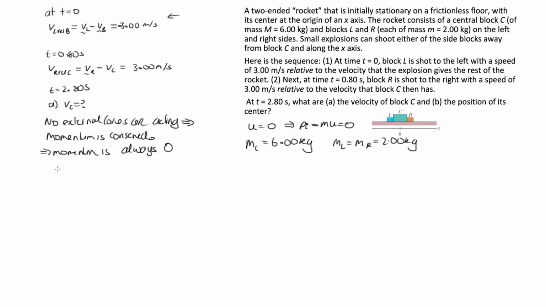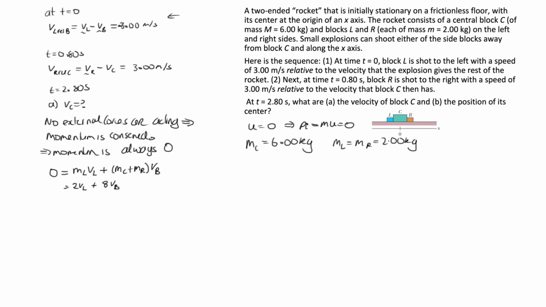Okay, so let's consider this first explosion where we had the one on the left separate from the other two blocks. So we know that 0, that's the initial momentum, is equal to the mass of block L times the velocity of block L plus the mass of block C plus the mass of block R, that's these other two blocks, times the velocity of these blocks. Now we have masses, so we can substitute in the mass of L is 2. So this is 2 times VL plus mass of block C is 6 and mass of R is 2. So this is 8 times VB.